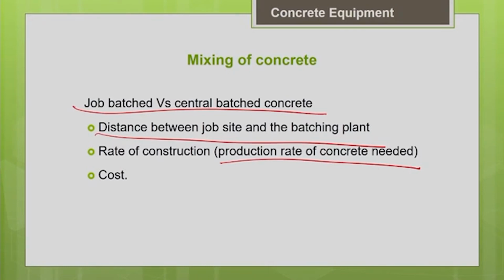If you need huge quantity of concrete every day, the rate of construction is very high, and the production rate of concrete needed is very high. In that case, it is always advisable to have your own batching plant at your site and make the concrete. Because when you need huge volume of concrete on a daily basis, it may not be possible for the RMC batching plant to deliver to you on a continuous basis, because they may be having so many customers.